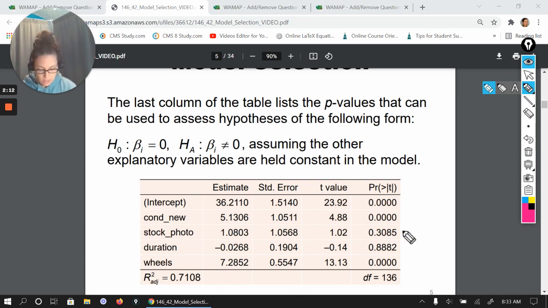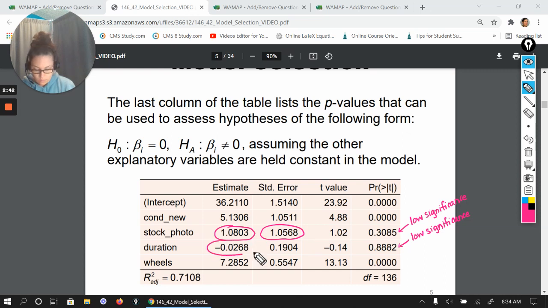So these p-values right here that are above 0.05, these are what we would say have low significance. So this would be stock photo and the duration.